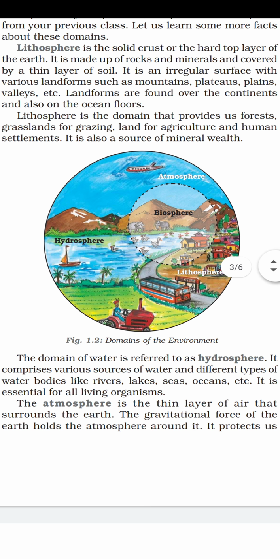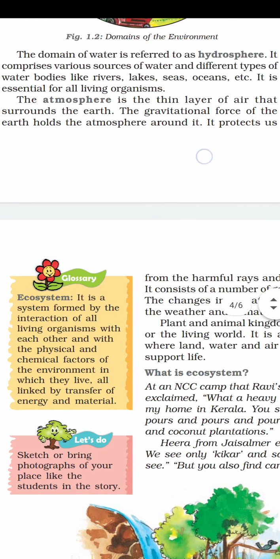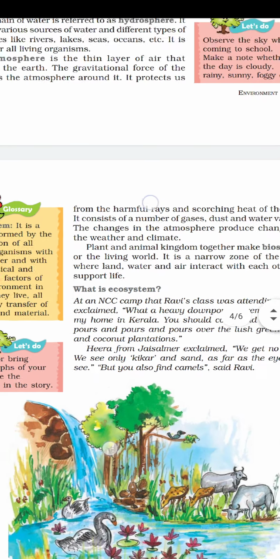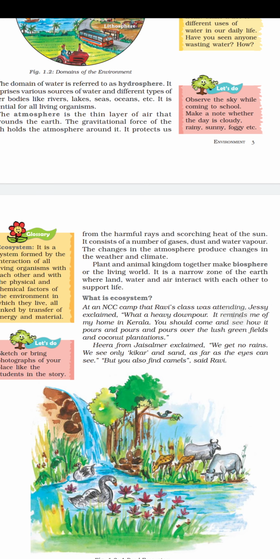It protects us by filtering the ultraviolet rays released by the sun, so it will not cause any harm to the skin and to ourselves. And it also contains some important gases, like oxygen, hydrogen, carbon dioxide. All those gases are available in this atmosphere.